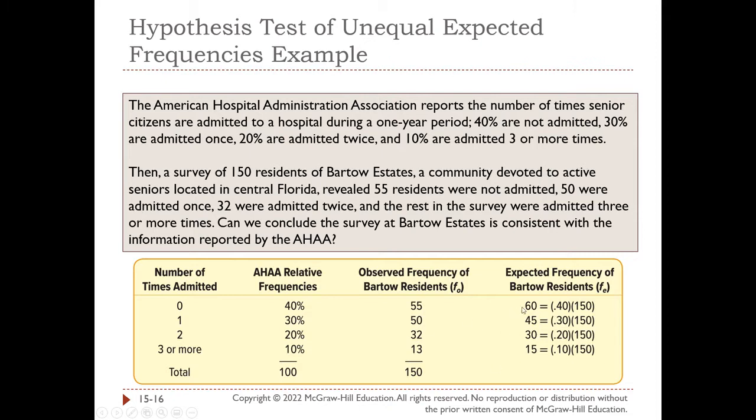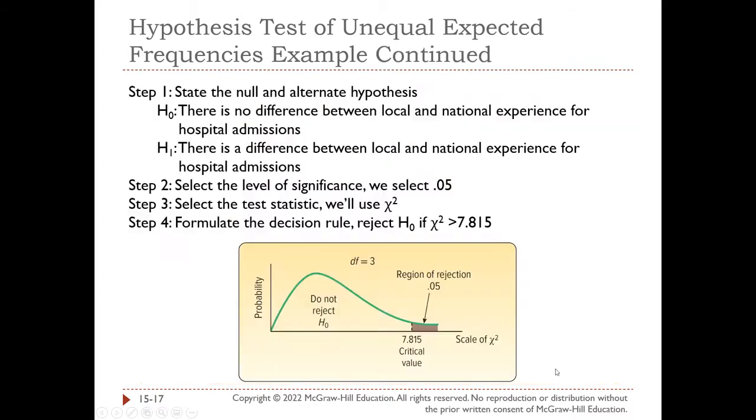We already can see that there's a very close correlation between the two, though. So again, we're going to state the null hypothesis. There is no difference between the local and national experience. And again, the alternative is that there is a difference. We're going to select the level of significance. We're going to select 0.05.